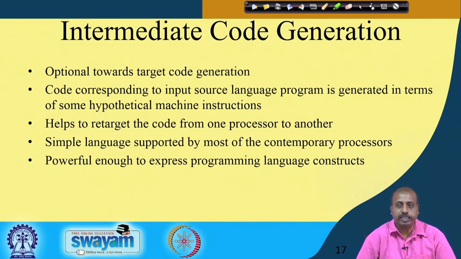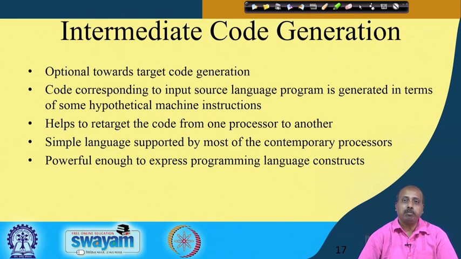The code that is generated corresponds to the input source language, in terms of some hypothetical machine instructions, and it is up to the compiler designer to assume the language and its statements. We will see some types of this intermediary language later in our course. So we have flexibility: we can say that my language will support this type of constructs, and accordingly the code will be generated using that language.